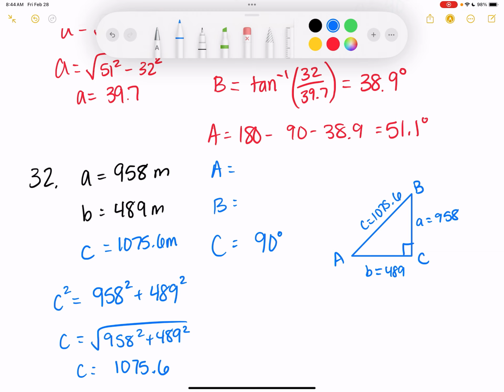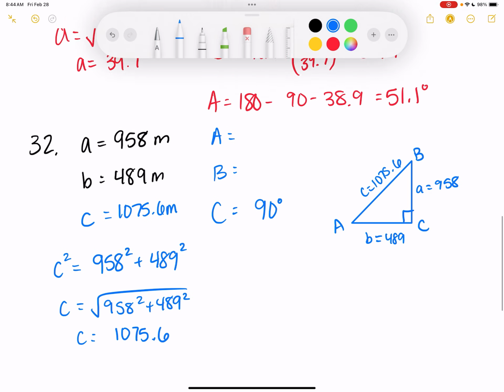So now I can solve for one of my angles. It doesn't matter which one. So tell me angle A or angle B, and then pick your favorite trig function. Angle A. Angle A with tangent. Angle A with tangent, all right. So I'm going to do angle A this time.